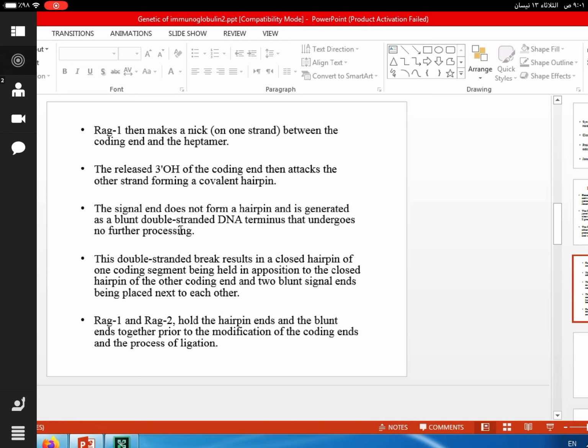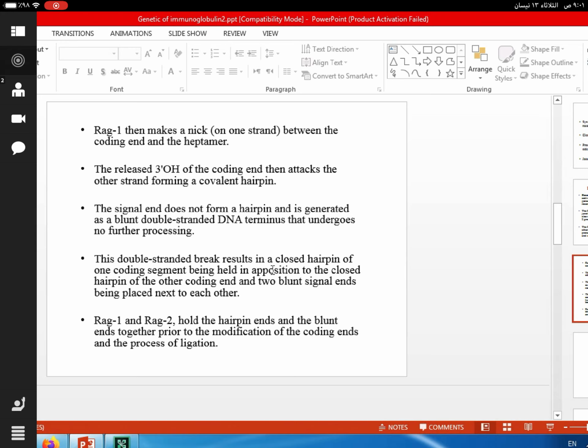The signal end does not form a hairpin and is generated as a blunt double-strand DNA terminus that undergoes no further processing. RSS, no further processing.